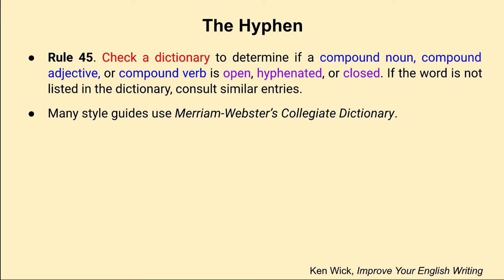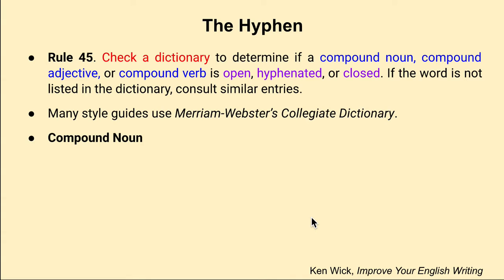Most style guides use the Merriam-Webster's Collegiate Dictionary. So if you're not too sure if a compound noun, verb, or adjective is open, hyphenated, or closed, first check the dictionary or similar entries and use that dictionary. There's a free online version of the Merriam-Webster Dictionary.